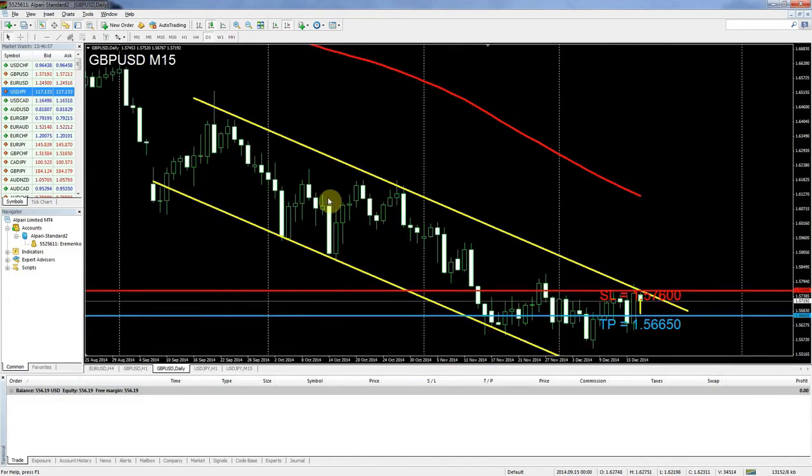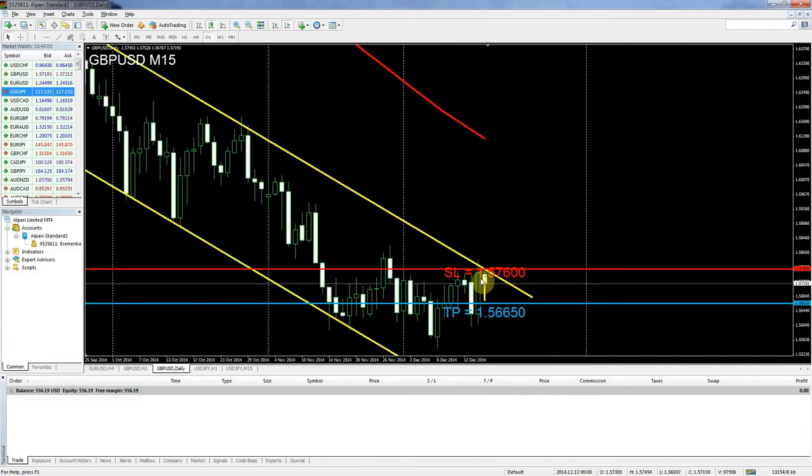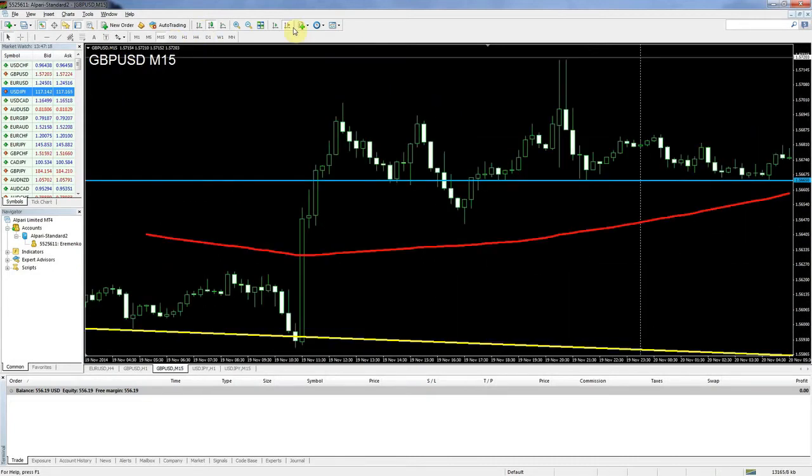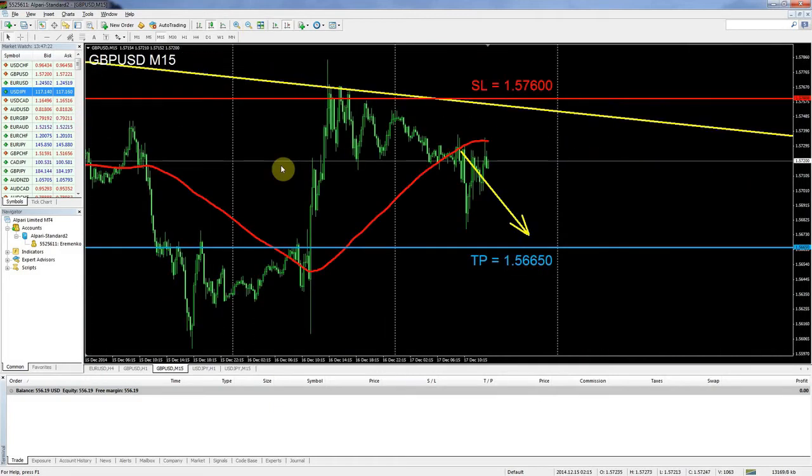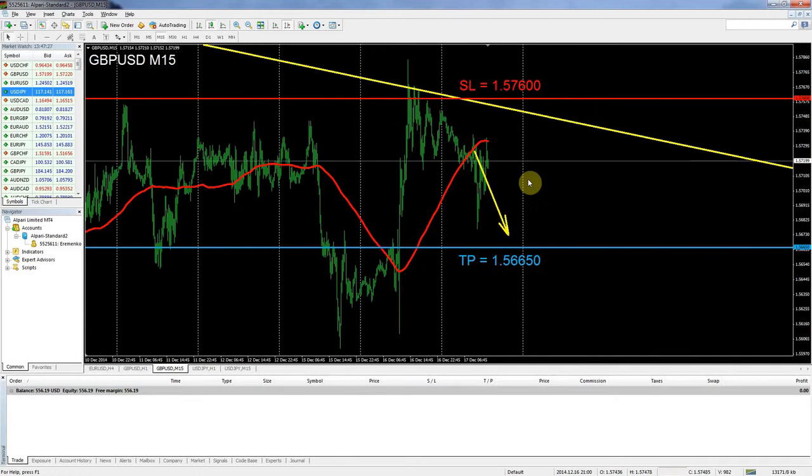As you can see, it's bounced off the borders of the channel a couple of times, and now the price has come to the top border of the channel again, and that signals to us that it's probably going to bounce off backwards. So a very good confirmation from a higher time frame. That means we are in a downward trend, and there is pressure from the market to push this price further down.